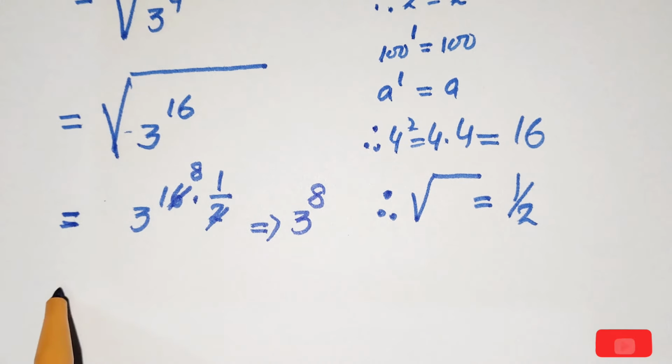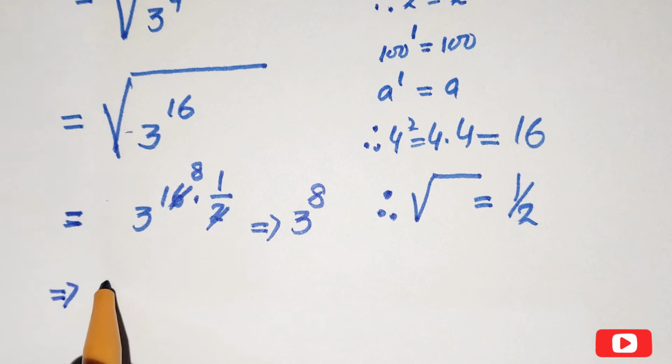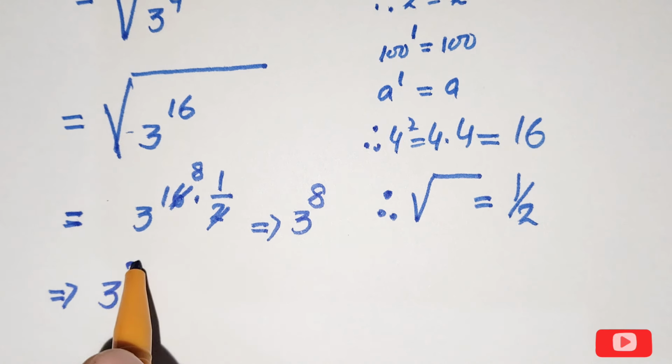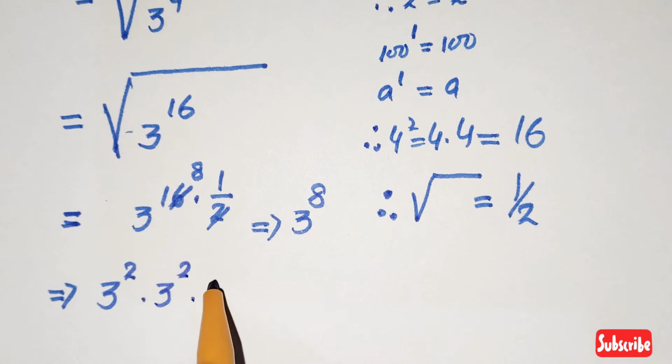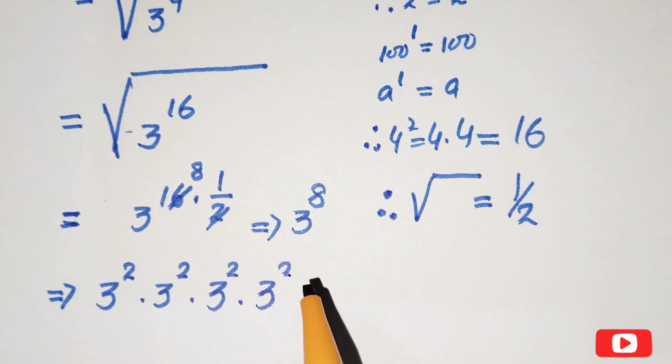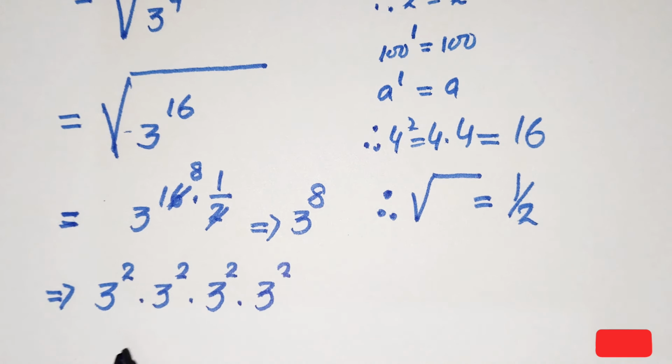Now 3 raised to the power 8 can be written as 3 raised to the power 2 times 3 raised to the power 2 times 3 raised to the power 2 times 3 raised to the power 2. And we know by the exponential law, the bases are the same so powers will be added. So 2 plus 2 is 4, plus 2 is 6, plus 2 is 8.